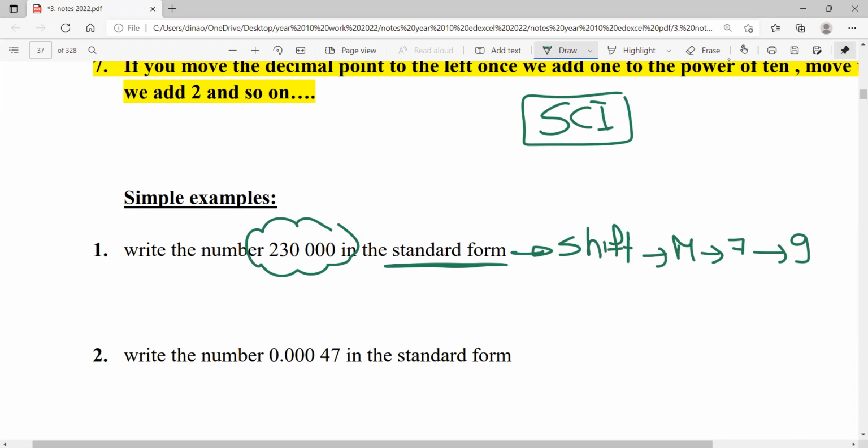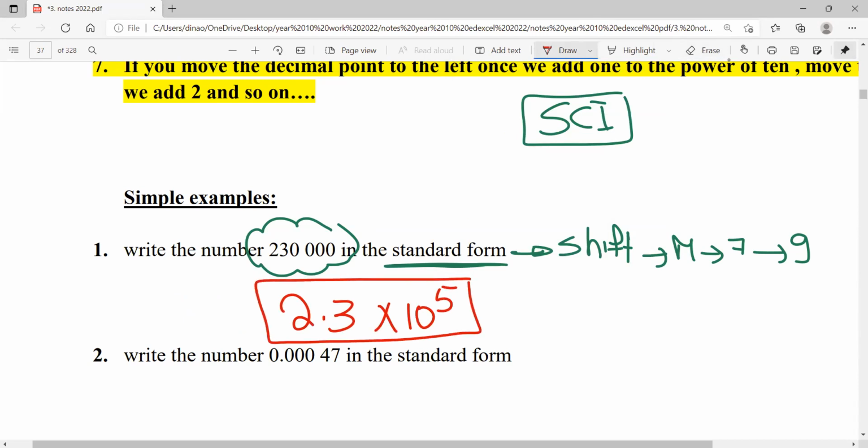Now, when you press equal, this number will appear on your calculator: 2.3 and lots of zeros, times 10 to the power of 5. Do I need these zeros? Of course not. So what is my answer immediately? My answer is 2.3 times 10 to the power of 5.